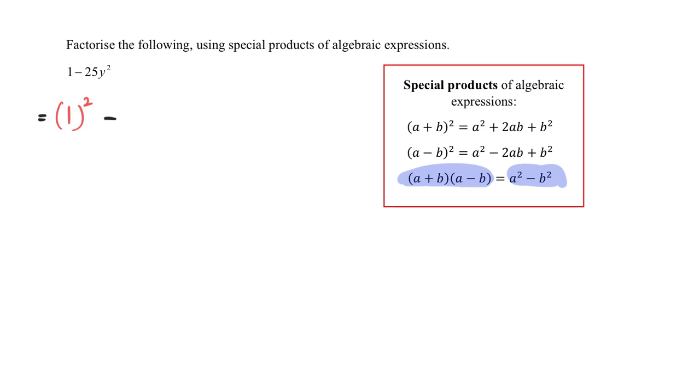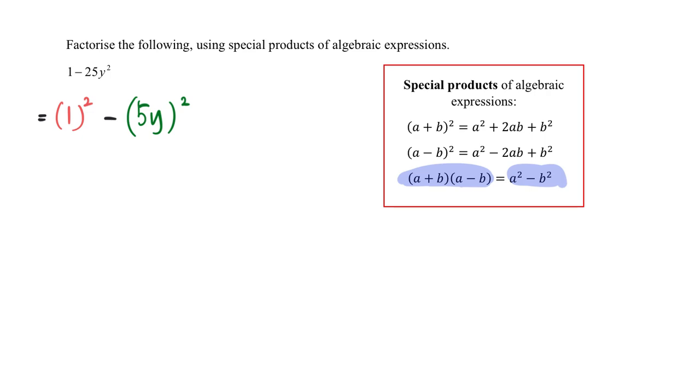25y squared, do take note, I could rewrite it as (5y) squared. 5 times 5 is 25, y times y is y squared.